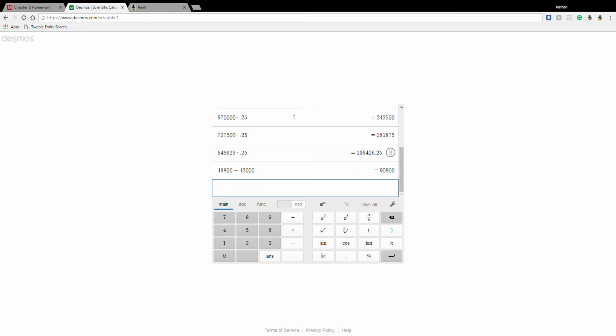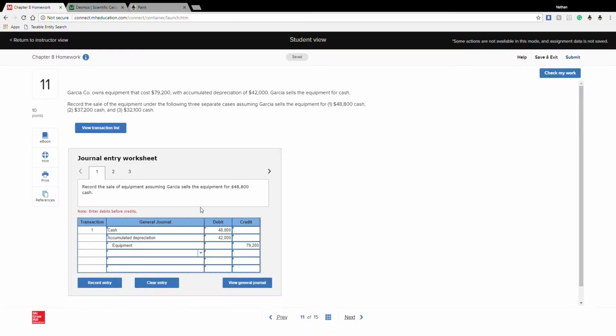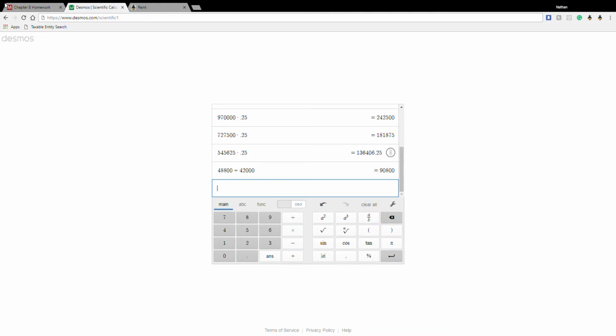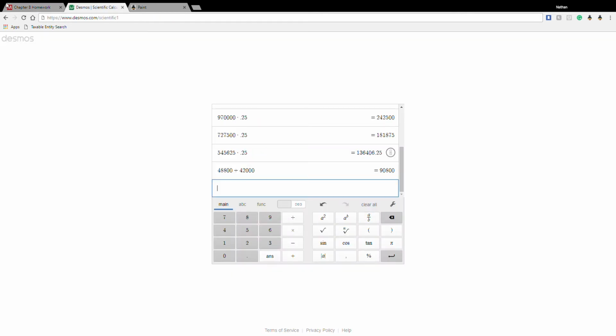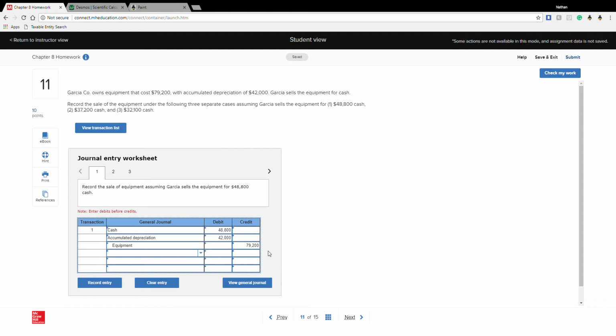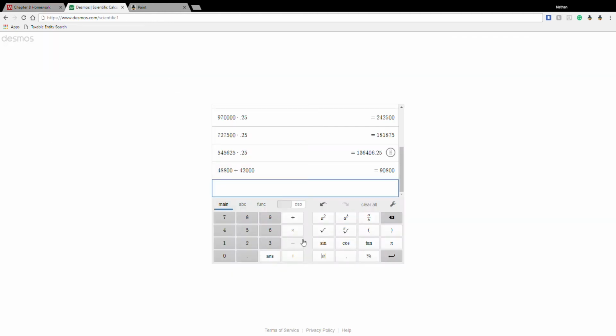Okay, so on the debit side right now, we have like 90,000 going on. 90,800. Okay, that definitely does not match this 79,200. So we're going to have to increase the amount. So that means we're going to have a credit. So we're going to take that 90,800 and subtract 79,200.